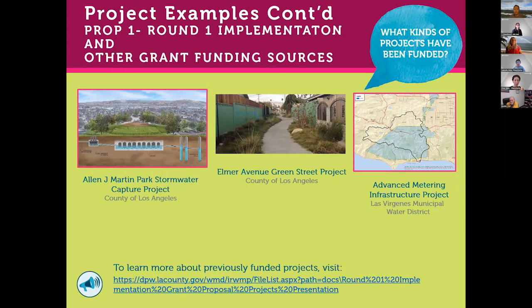And then advanced metering infrastructure, which is being done by the Las Virgenes Municipal Water District in the northern part of LA County, near our boundary with Ventura County. But also we have agencies in our county that are using this AMI metering, which can lead to more efficient use of water and provide more data.